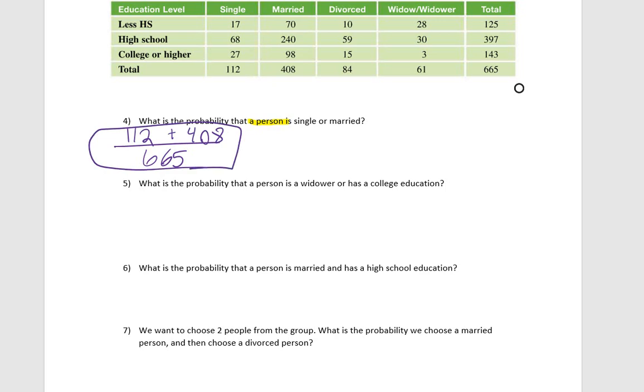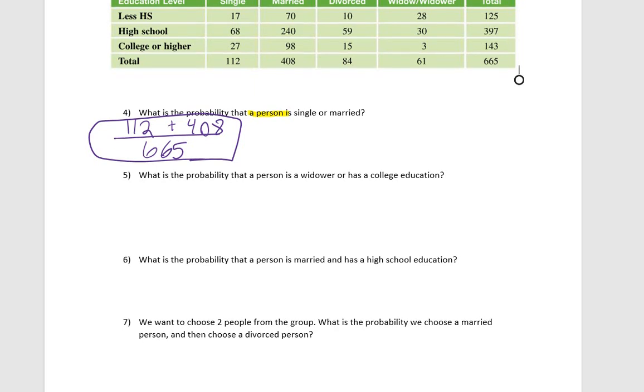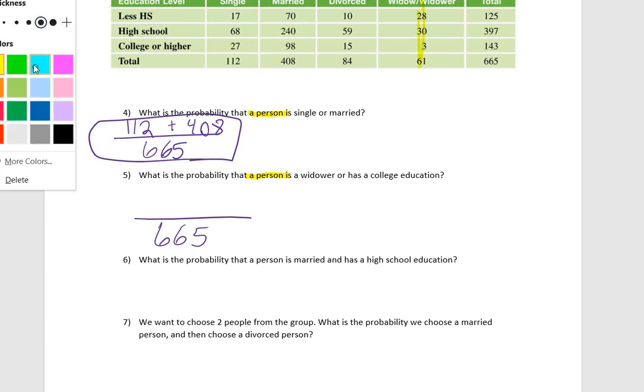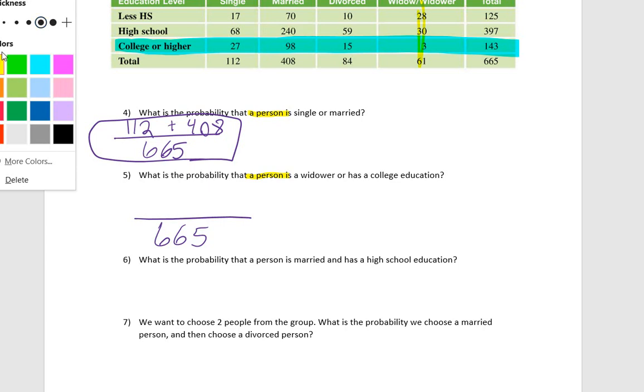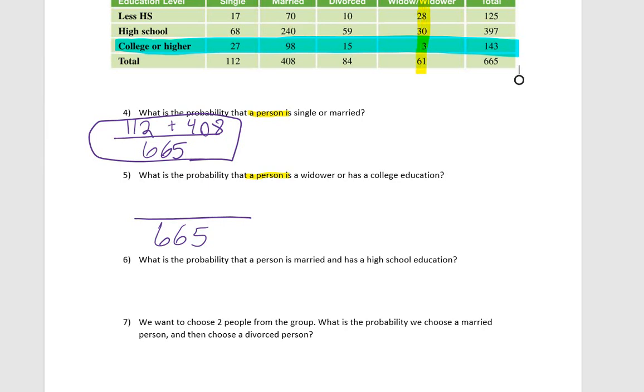All right, next one. What is the probability a person is a widower or has a college education? So we're looking at 665. Now, a widower or has a college education. If I look at all the people that are widows, should be right here, and I look at all the people that have a college education, do I have any overlap between these groups?